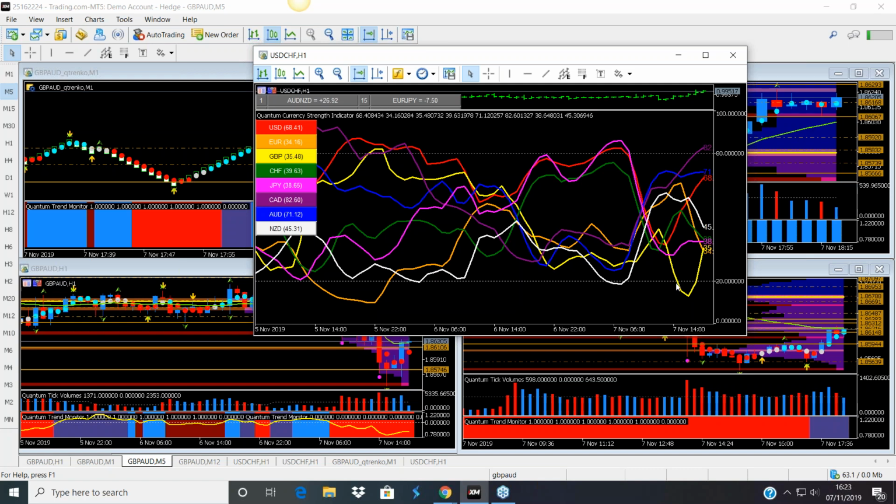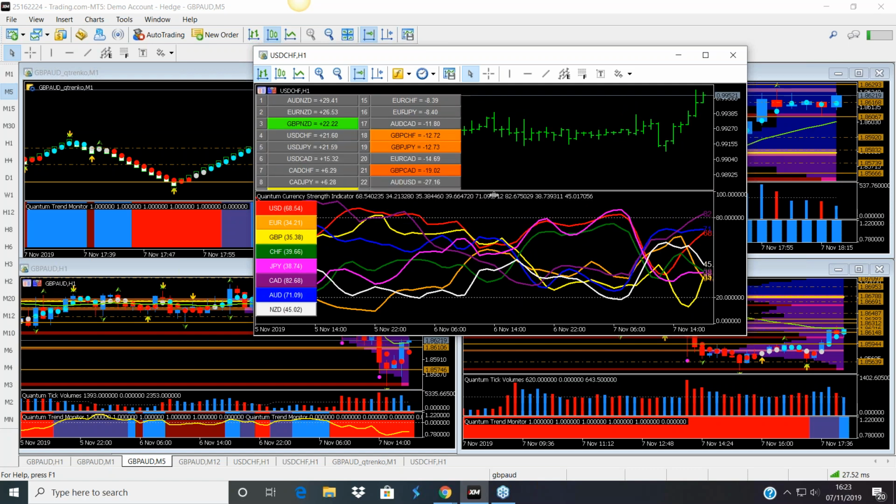On the CSI, what's interesting is there's quite a lot of pound buying. This is the hourly chart, and we see here this is quite strong. We've got a nice sharp angle on this line for the British pound. The Aussie hasn't actually turned over at the moment. It's a bit flatlining there, which tells me this move is being dictated by the strength in the pound, the flow into the British pound.